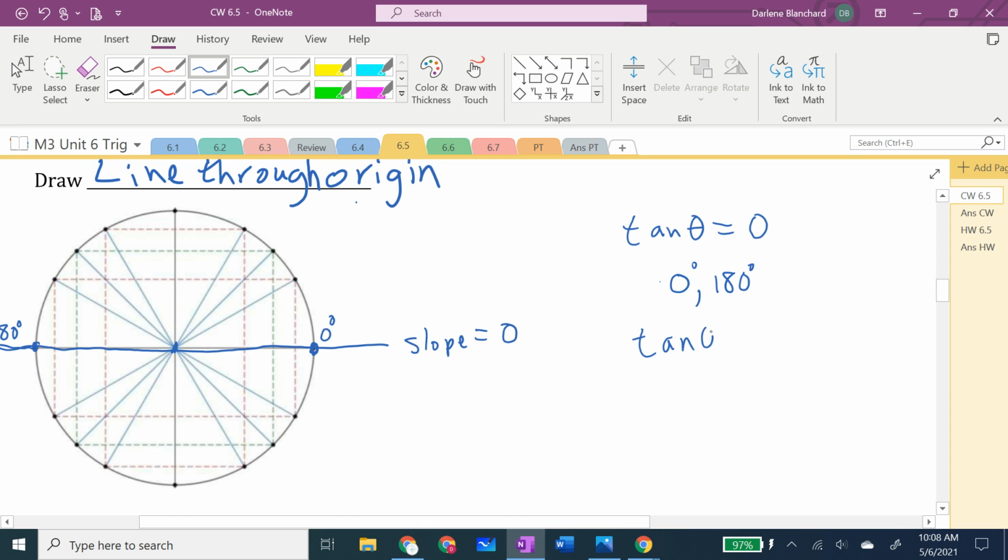What if I asked you, where is tangent undefined? How do you draw an undefined slope through the origin? If you draw a vertical line, the slope of that line is undefined. And so that would be 90 degrees and 270 degrees.